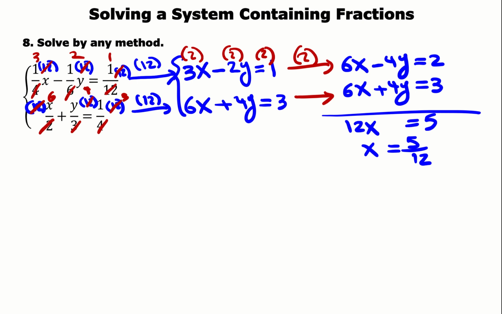All right. The nice thing about this problem is that it gives us an opportunity to discuss a new way to get our second variable's value. Notice that at this point, I have the option of taking this 5 over 12 and plugging it in for x in either of these two equations and get the corresponding y value.